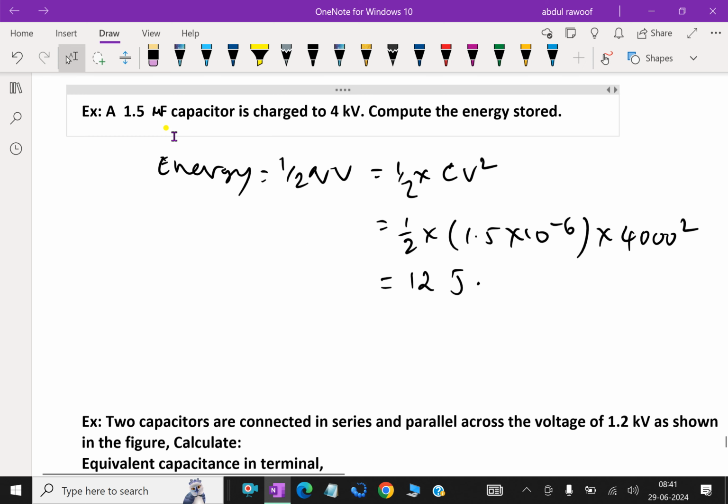Then the energy stored is 12 joules. That means a 1.5 microfarad capacitor charged with 4 kilovolt, which is fully charged, stores 12 joules of energy.